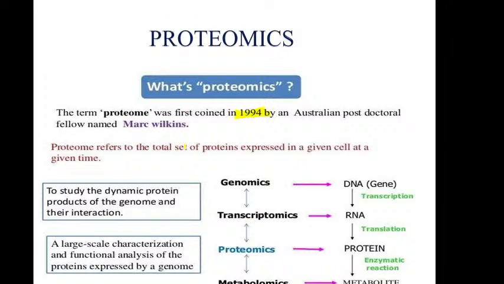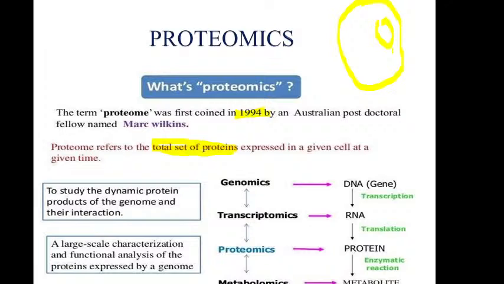Proteome refers to the total set of proteins expressed in a given cell at a given time. You all know that we have a cell in which we have a nucleus. In the nucleus we have the DNA, and there are other cell organelles as well. So proteome refers to the total set of proteins expressed in a given cell at a given time.